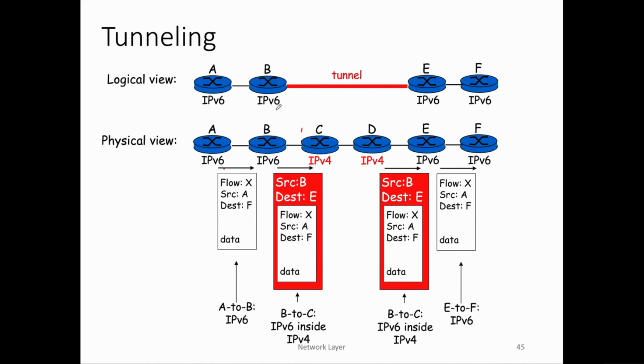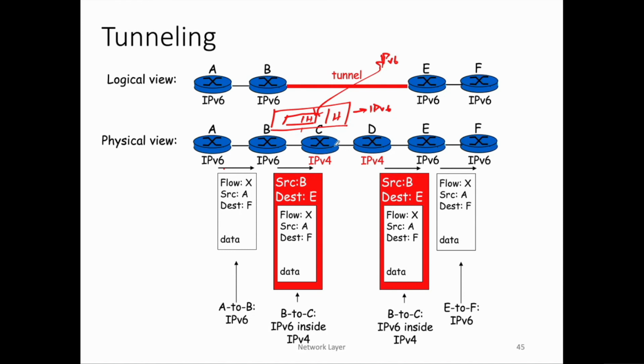In tunneling, this is the physical view, by the way. What router B does is that it encapsulates IPv6 into IPv4, right? So this is the IP version 4 packet. This is IP version 6. So IP version 6 is encapsulated inside IP version 4, right?